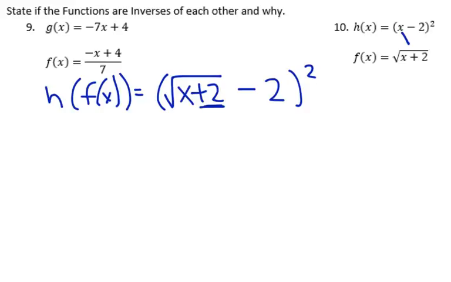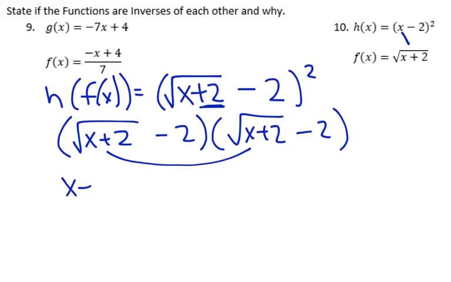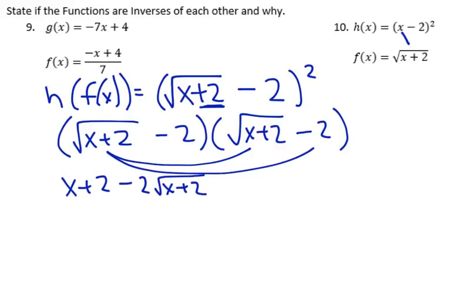Okay, so we've got a square. Now, when we square something like this one gets tricky. Square root of x plus 2 minus 2 times square root of x plus 2 minus 2. So, multiply those together, we end up with just x plus 2. Multiply that, minus 2 square roots of x plus 2.